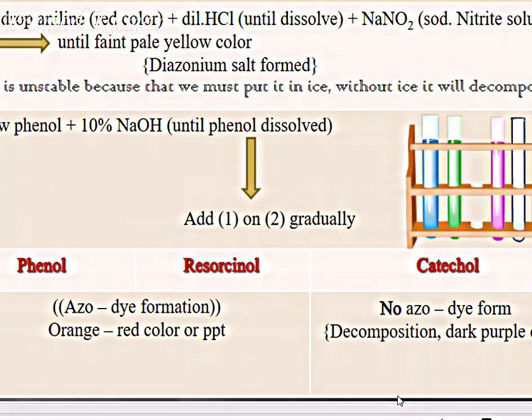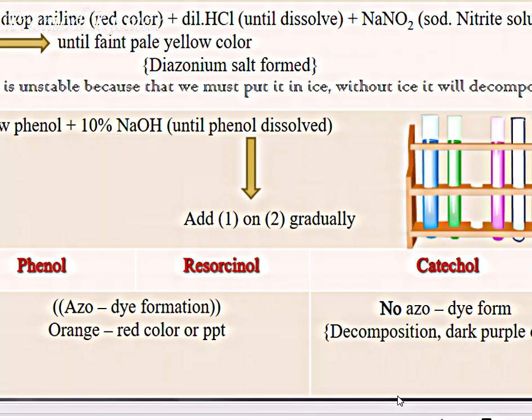Now let's go for how do you differentiate these things chemically. How do you do it? By using the azo dye test. You take 1 drop of aniline, add dilute HCl until it dissolves.